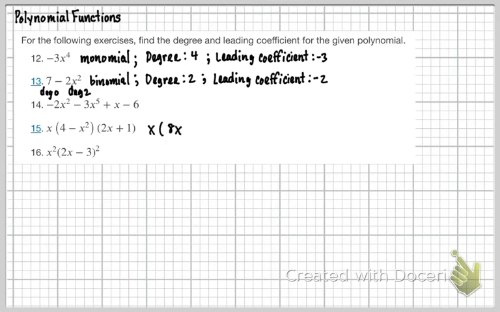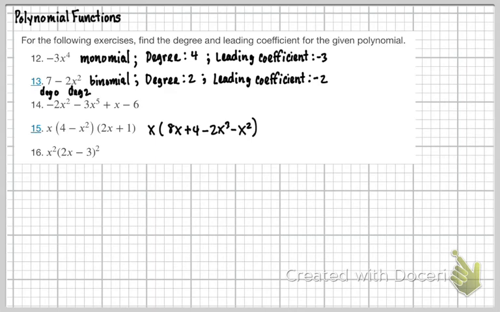So that's going to be 8x when I multiply those together. And then when I multiply the 4 and the 1 together, I'm going to get a 4. And then the -x squared and the 2x cubed, that's going to be -2x cubed. Or, yeah, 2x cubed. And then for the last one, it's going to be -x squared and 1, so it's -x squared.